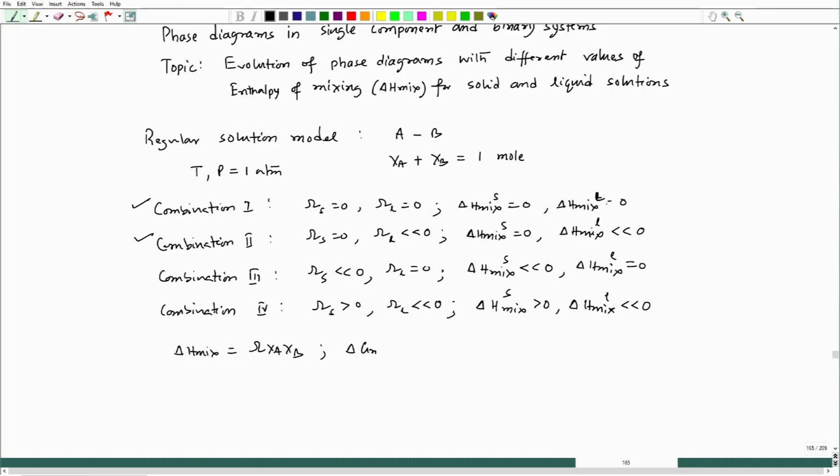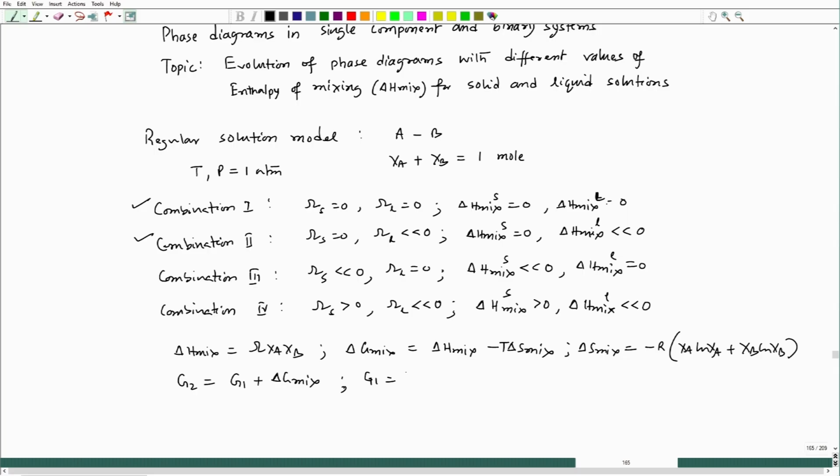Delta G mix is equal to delta H mix minus T del S mix, and del S mix is the same for both the solid and liquid solutions, which is minus R, X A ln X A plus X B ln X B. G 2 of the solution is G 1 plus delta G mix, and G 1 is nothing but X A G A naught plus X B G B naught. These are the equations we will be using.